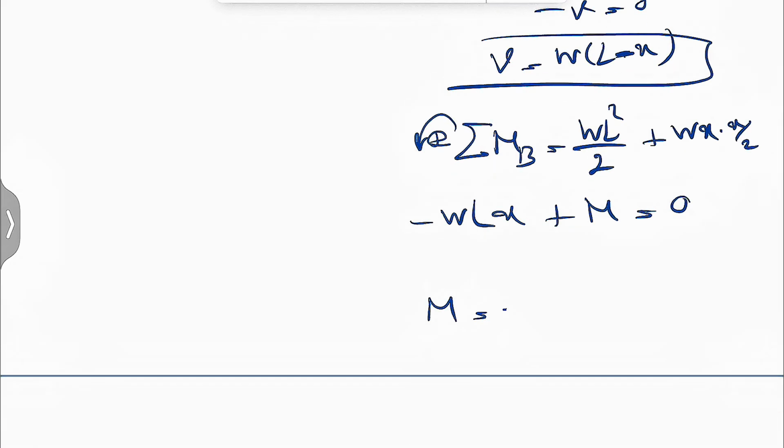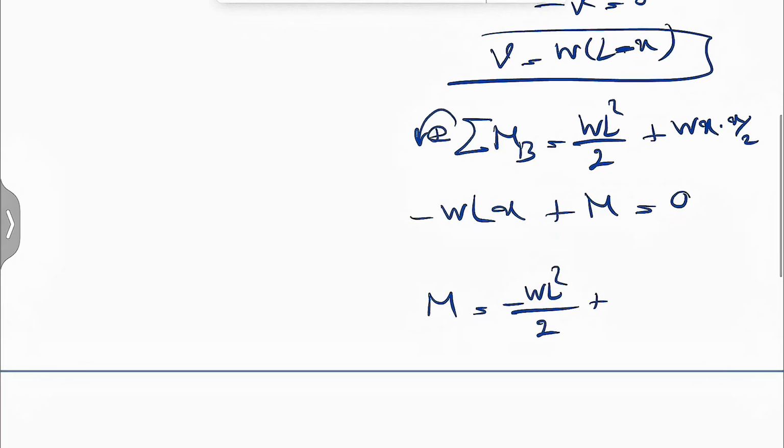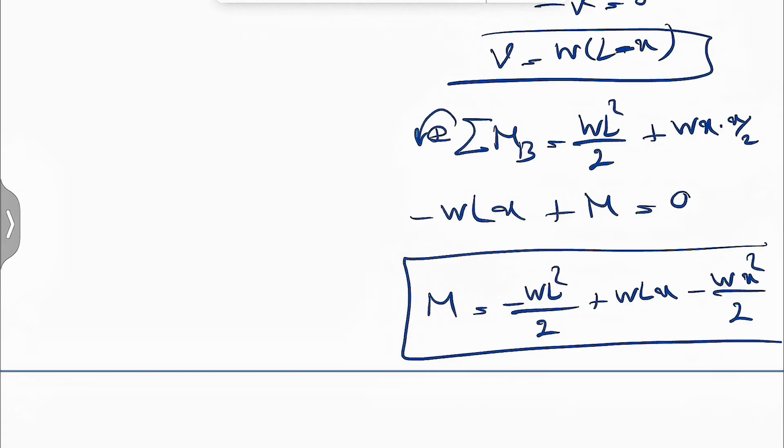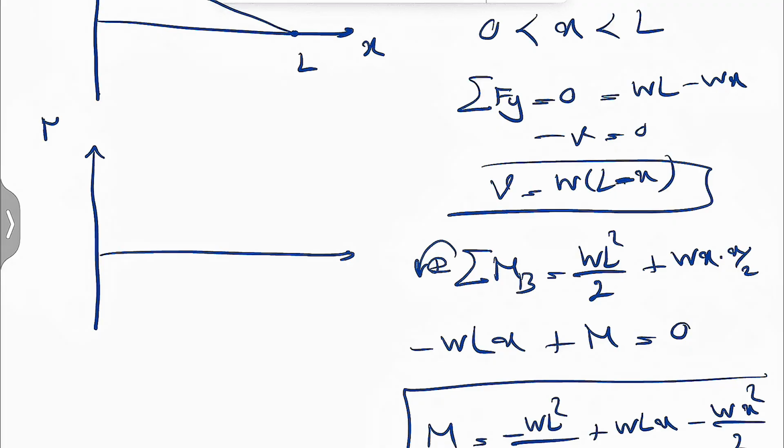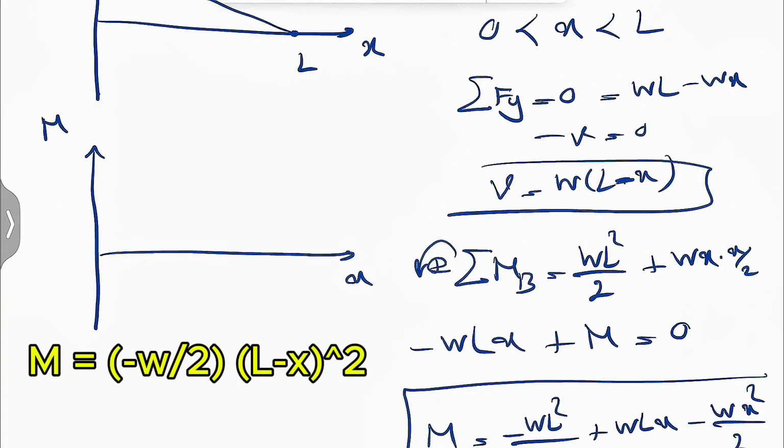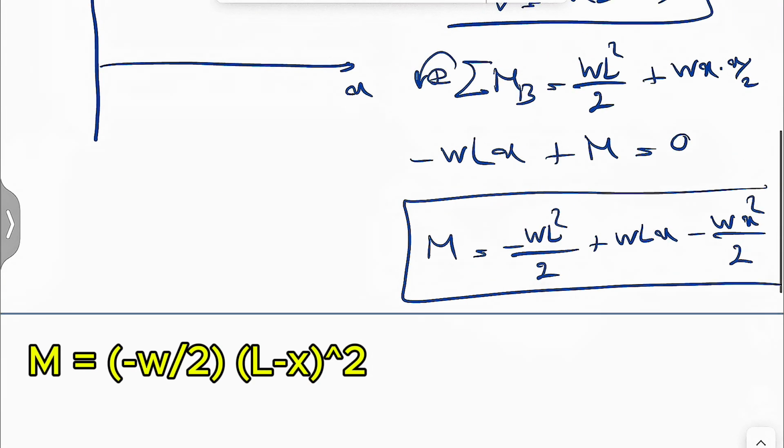So we're just going to bring everything to the other side. Negative WL squared divided by 2 plus WLX minus WX squared divided by 2. So that's going to be our curve for this bending moment. So for M of X, starting point, just put X equals 0. These two will cancel out. So we're going to start from negative WL squared divided by 2.